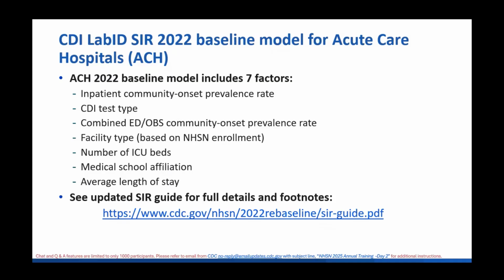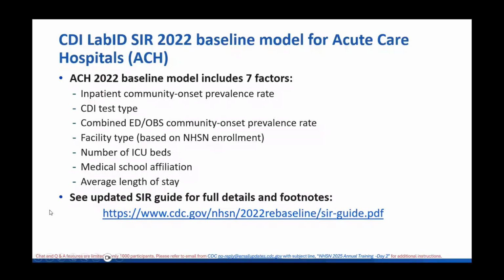There's also a critical access, a long-term care model, and an inpatient rehab facility. Now, because the acute care model is the biggest, it covers the most patient days. That's the one we're going to highlight in this talk, but all of those guides and references that we've talked about will give you information about the other three as well.